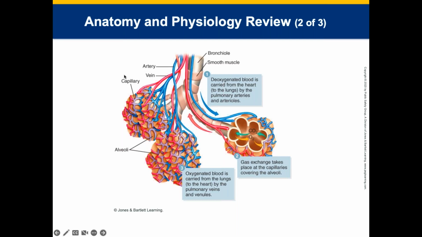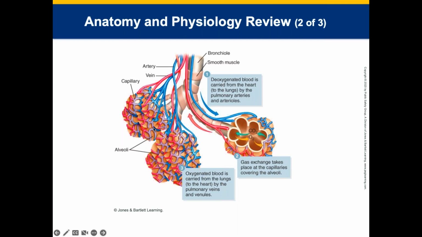As it's coming in, number one here, deoxygenated blood is carried from the heart to the lungs by the pulmonary arteries and the arterioles. See the blue lines here, it comes into the alveoli. The gas exchange takes place at the capillaries covering the alveoli. So the carbon dioxide, the bad stuff, is exhaled out, as the good stuff, oxygen, 21%, comes in on inhalation.